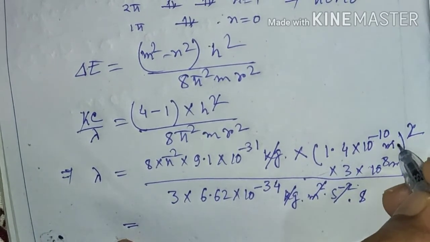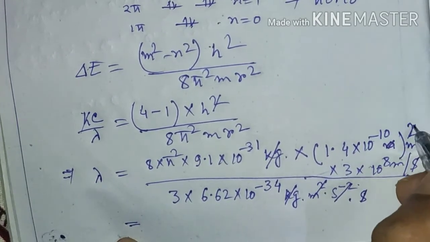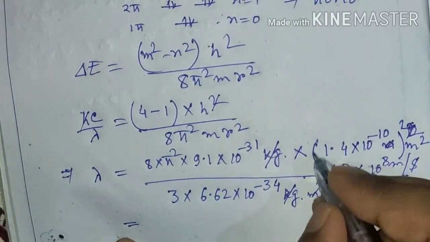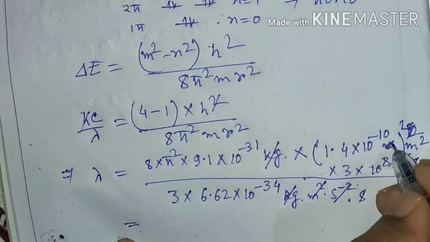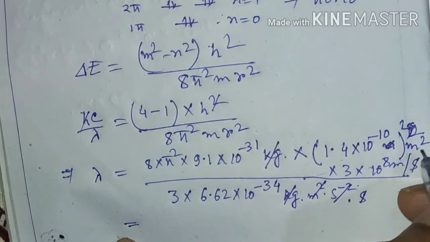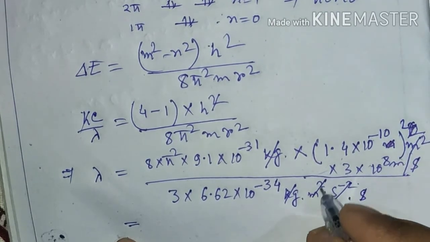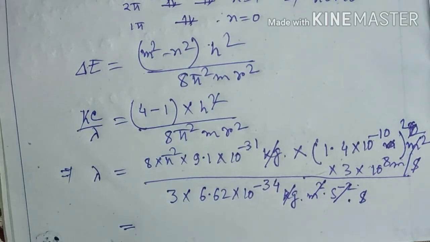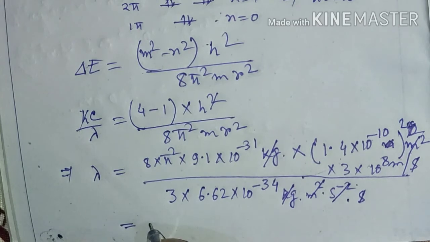Here I want to mention one thing: only meter square is cancelled out, not this part. This will be meter, this will be square, and if we bring the unit outside of the bracket, it comes out as meter square, and this meter square will be cancelled out, and the whole unit will be in meter.